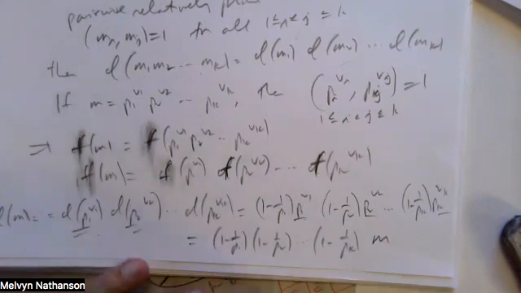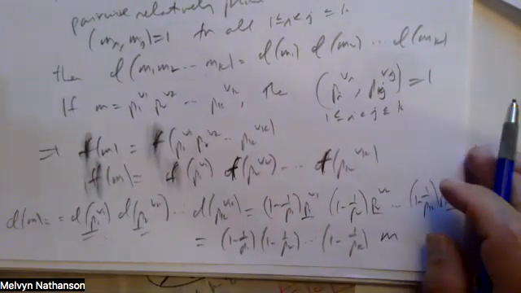If I multiply all these prime powers together, I just get m. And so what I get is 1 minus 1 over p1, 1 minus 1 over p2, up to 1 minus 1 over pk, times m, where these are the distinct primes that divide m.